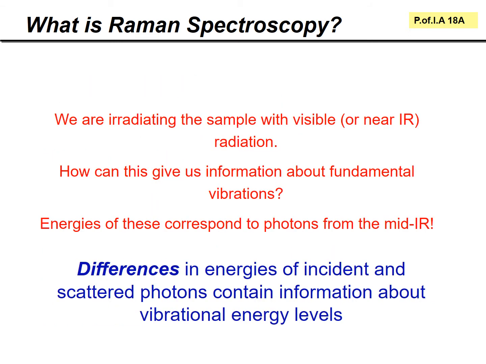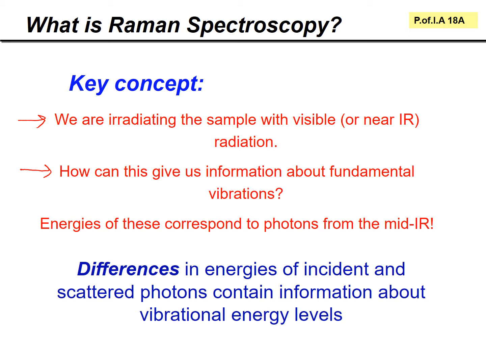Right, so we have a key concept here. It's flashing at us. If you understand this, you've got the heart of Raman spectroscopy. We are irradiating the sample with visible or near-infrared radiation. This is giving us information about molecular vibrations.